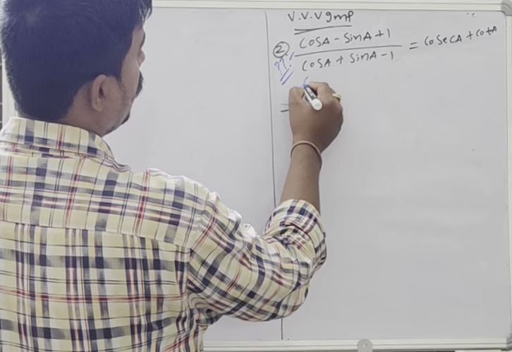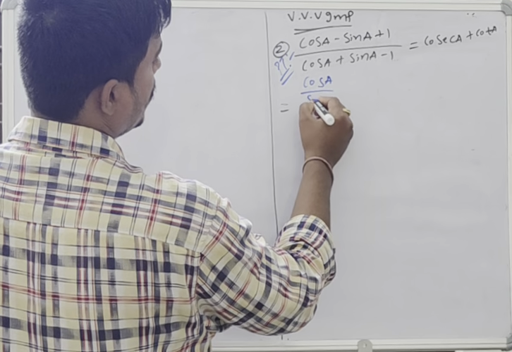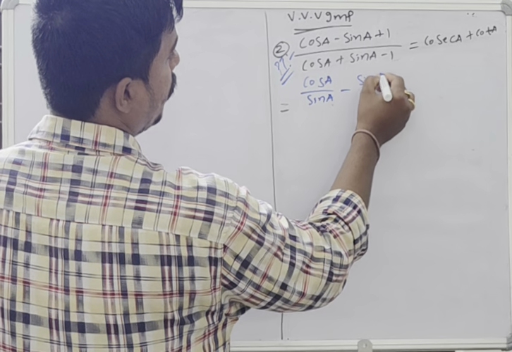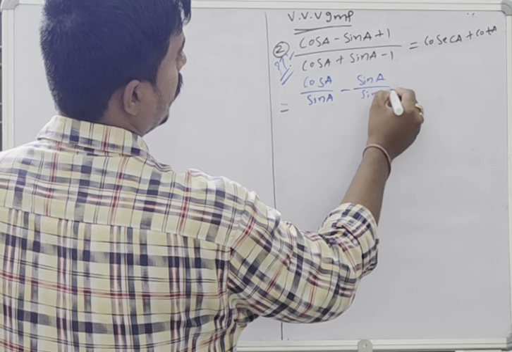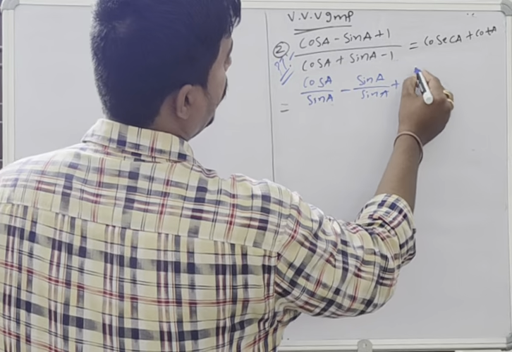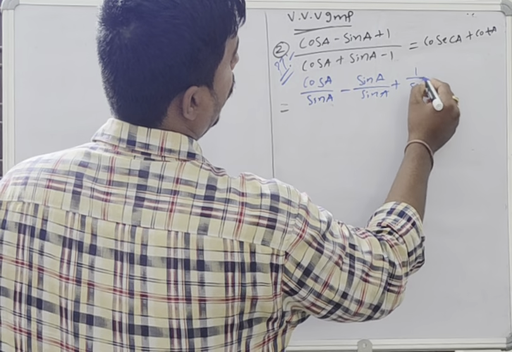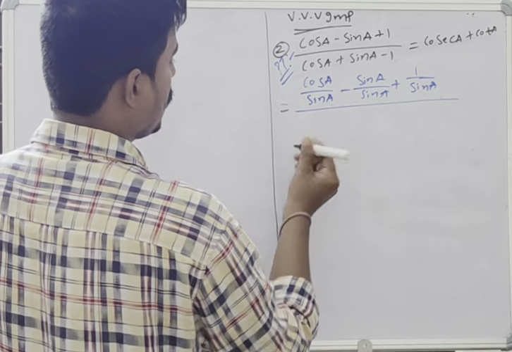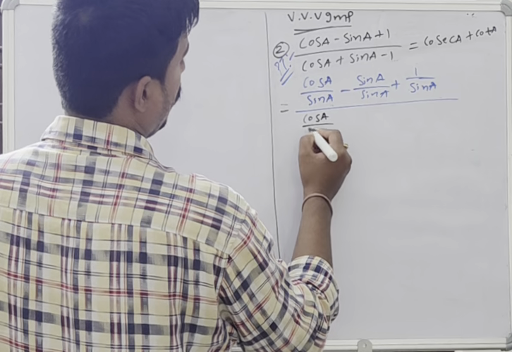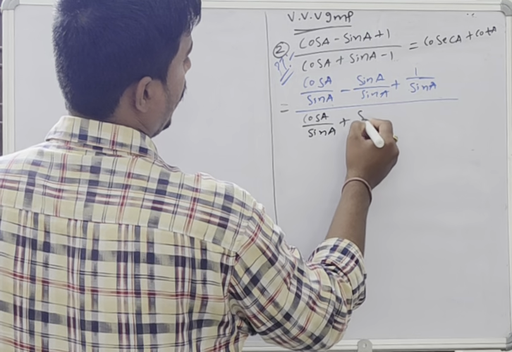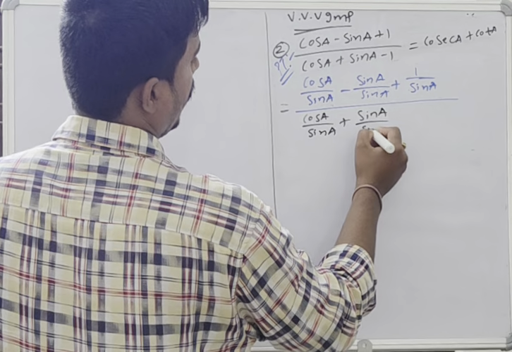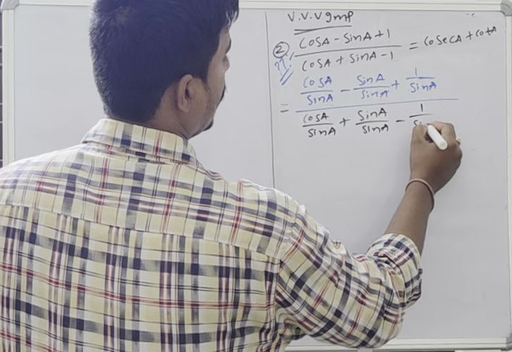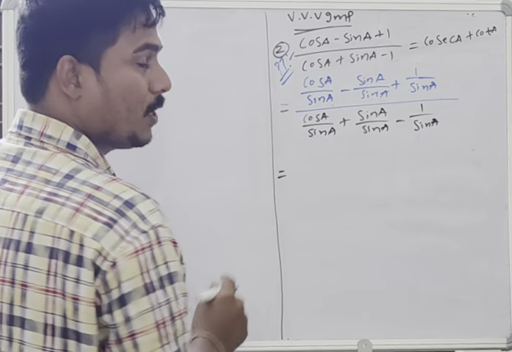Sin A. So cos A by sin A minus, see this, sin A by sin A plus 1 by sin A. Not only numerator, whole denominator also divide with sin A. So this is cos A by sin A plus sin A by sin A minus 1 by sin A. Sir, what is the advantage of this step?